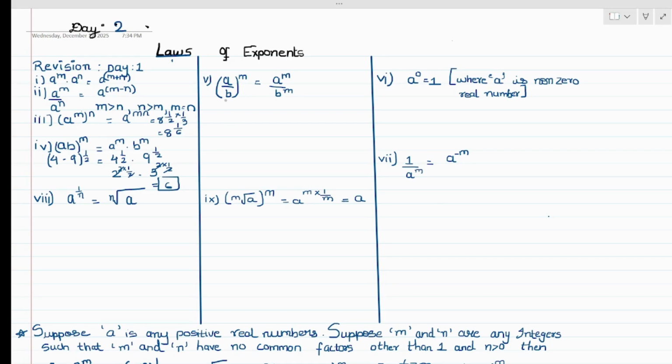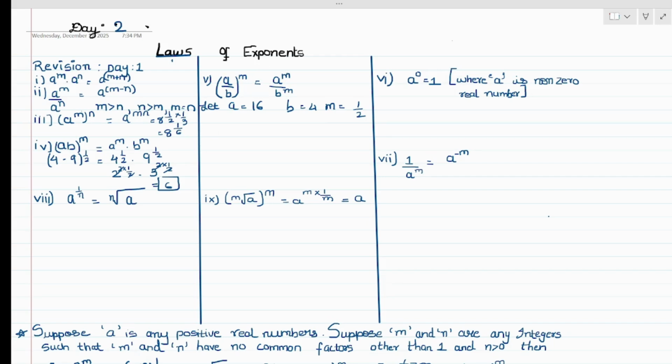Now, day 2, where we are going to study further laws of exponent, in which the first law says that (a by b) the whole raised to m is equal to a^m upon b^m. Let's take a as 16, b as 4, and m as a rational number equal to 1 by 2.